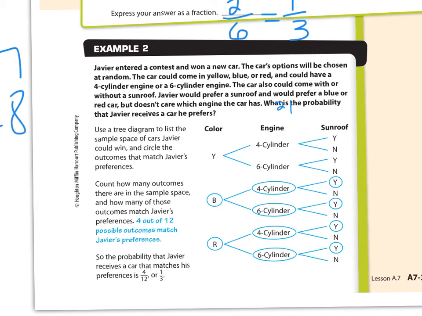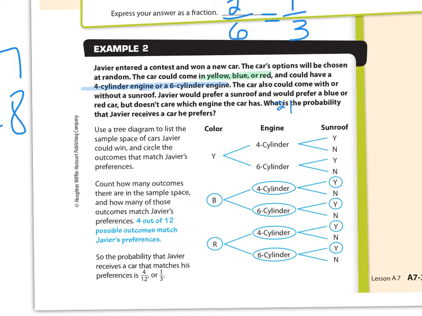Example 2. Javier entered a contest and won a new car. The car's options will be chosen at random. The car could come in yellow, blue, or red. So that is our first thing we're going to highlight. So highlight that, the color, yellow, blue, or red. And could have a 4-cylinder engine or a 6-cylinder engine. So we have 2 choices of engine.